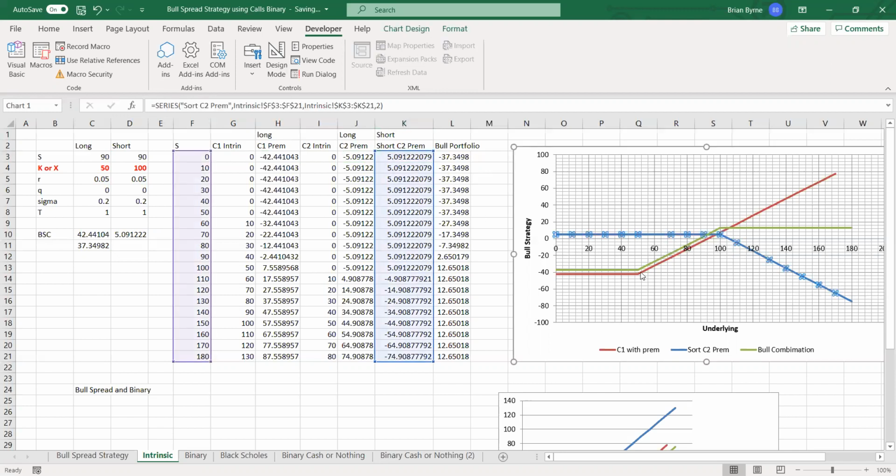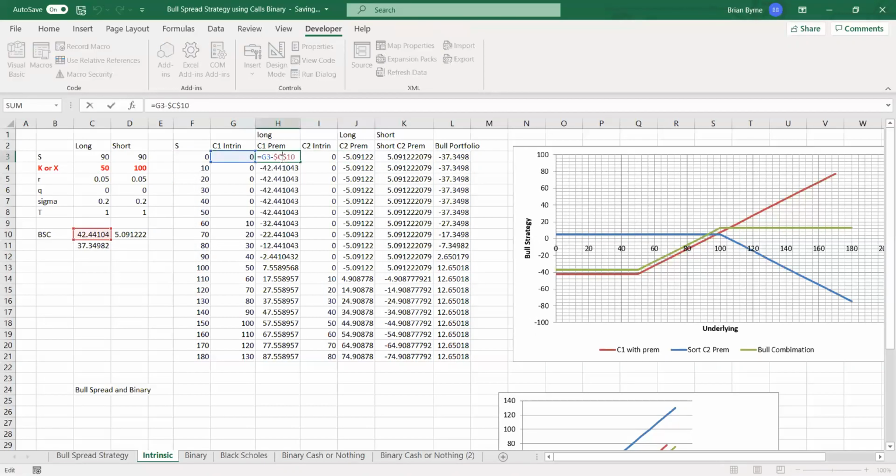And the long payoff is this one, the maximum of S minus K, and then we subtracted away the premium estimated using the Black-Scholes model. When we took the combination of the long call and the short call, we got this 37.34.